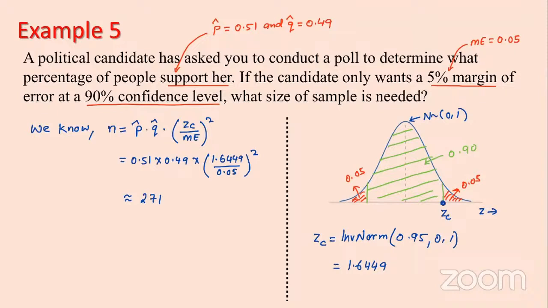You just do this. 0.51 times 0.49, right? Times, begin the parenthesis, 1.6449, right? Then over 0.05, close it, square it. See, when I did that, I don't know what you did, and you can try again.